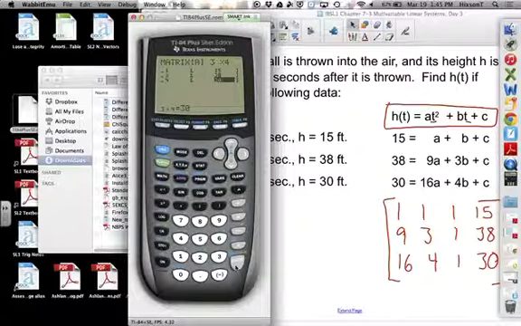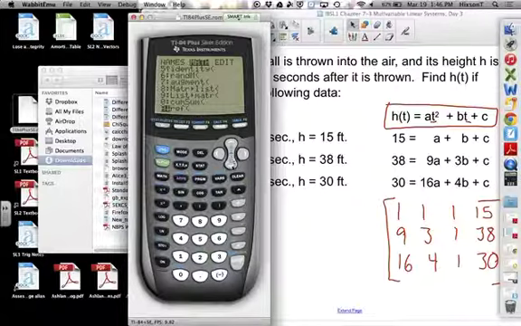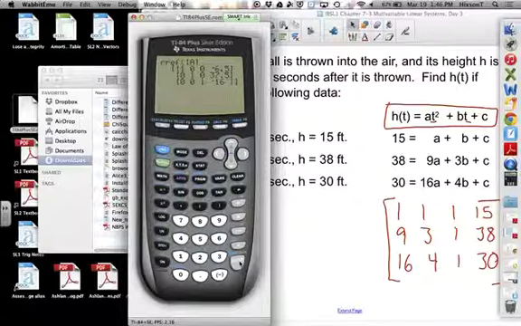I hit quit, and then watch this. Matrix, math. We go down here, and you'll see RREF. I hit enter. I go back to matrix, and I select the matrix A I just got, and there's my answer. a is negative 6.5, b is 27.5. That's how you can check all your answers.